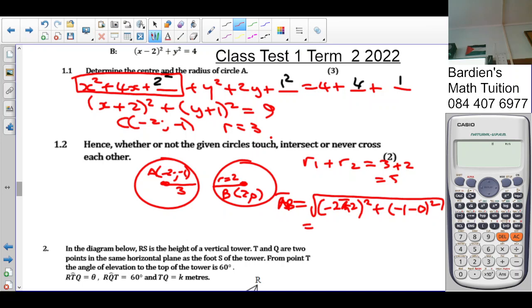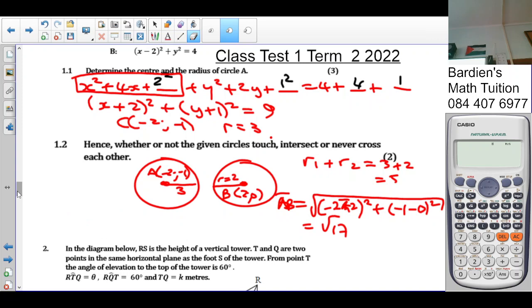Square root of 9 is? Did I make a mistake here? Where's my mistake? It's negative 1, it's 2 and 0. So it's going to be minus 2 squared plus negative 1 minus 0 squared. It's 16 plus 1 is 17. Is that correct? Square root of 17.